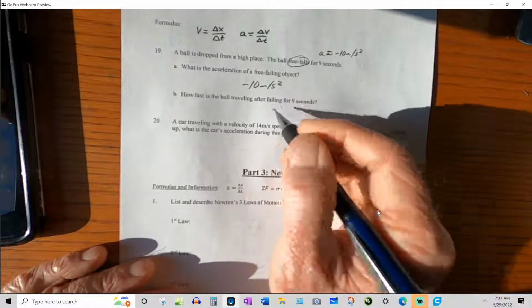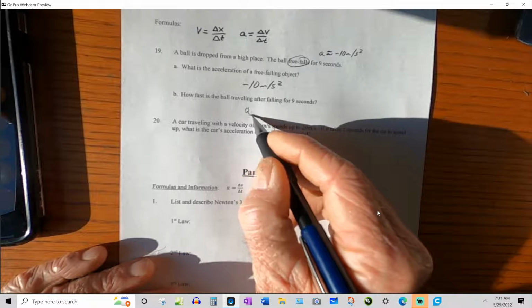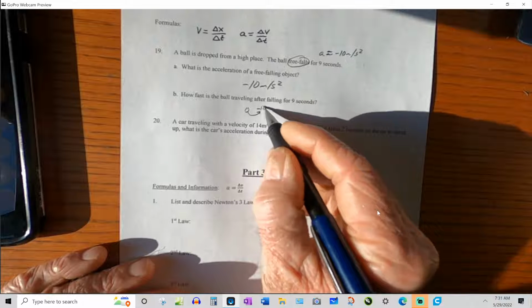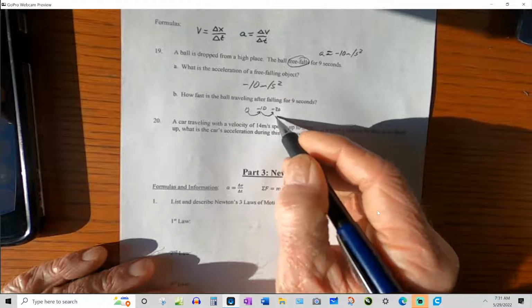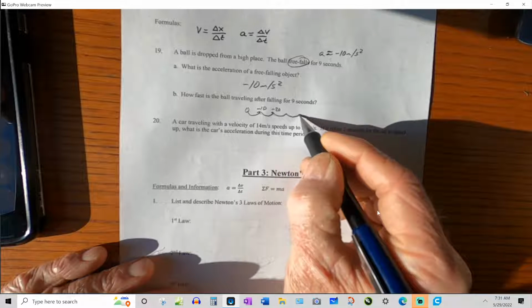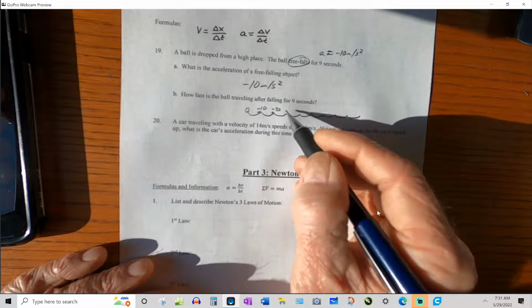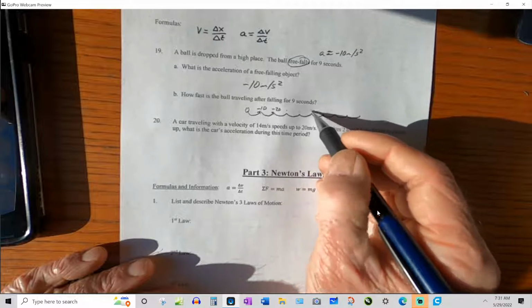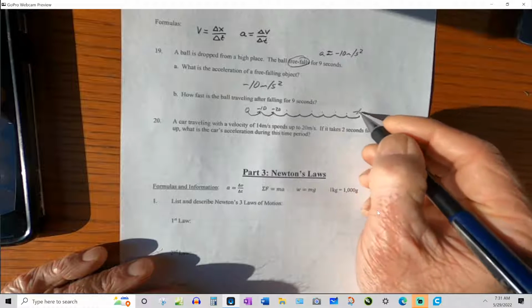When you drop it, it starts at 0. After 1 second, it's going -10. After 2 seconds, it's going -20. 3 seconds, 4, 5, 6, 7, 8, 9. It'll be going -30, -40, -50, -60, -70, -80, -90.